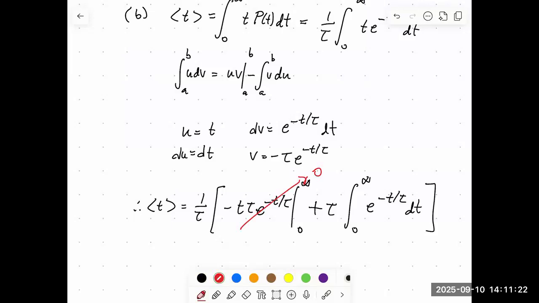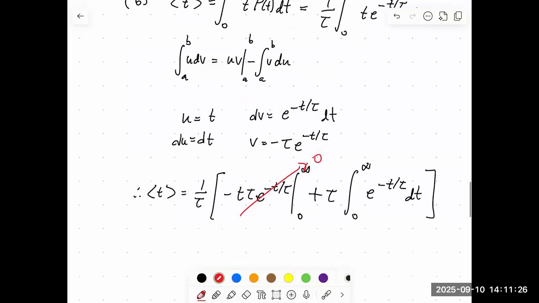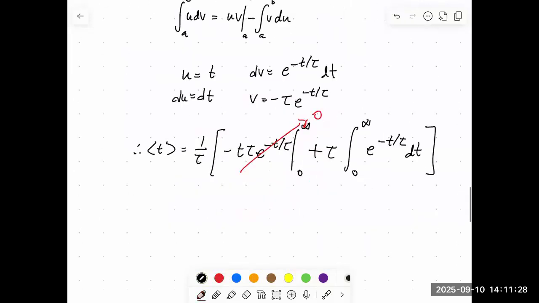Okay, so then all we need to do is evaluate this new integral. In fact, let's go ahead and cancel the factors of tau. We've already done this exact integral twice. So it keeps coming back. It's minus tau, e to the minus t over tau, 0 to infinity.